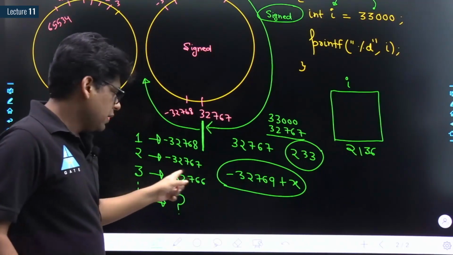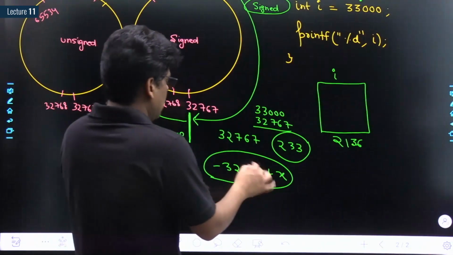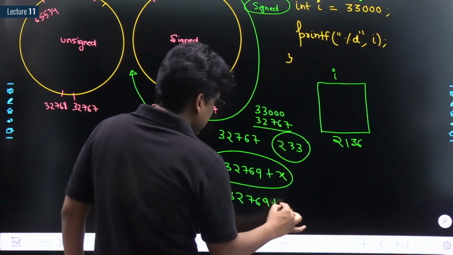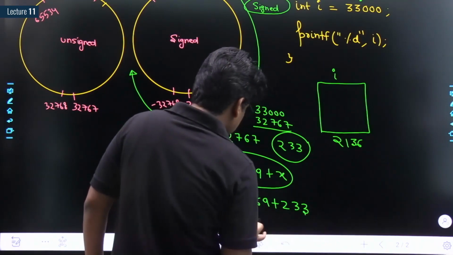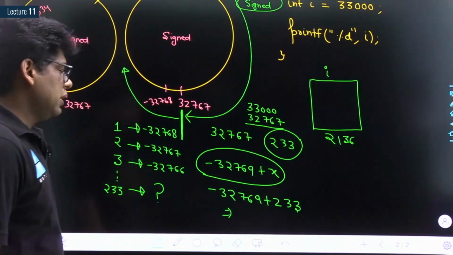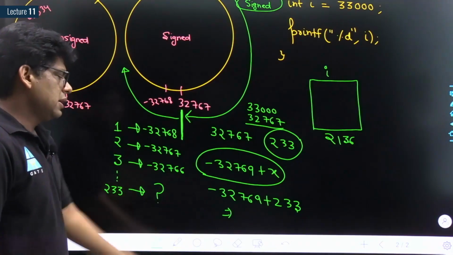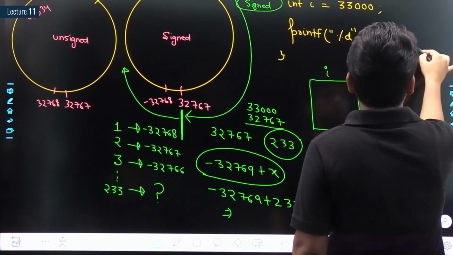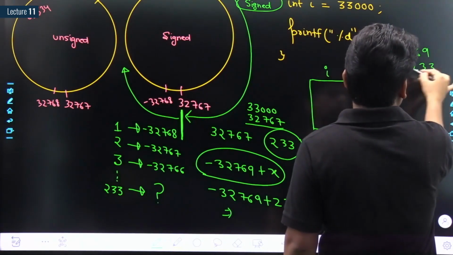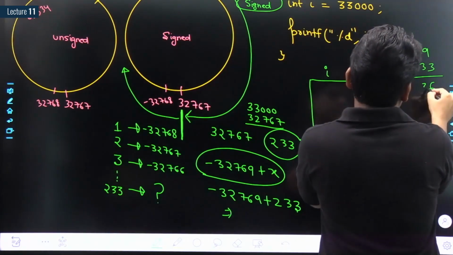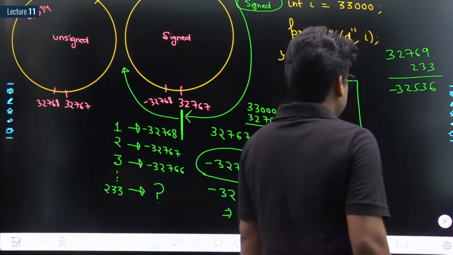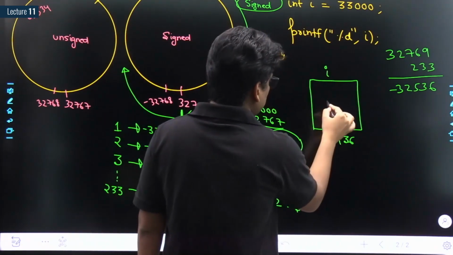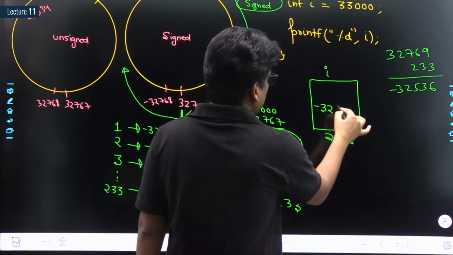So the answer is minus 32768 plus 233. Try to find the answer. It is minus 32535. So that is the value that gets stored inside the variable.